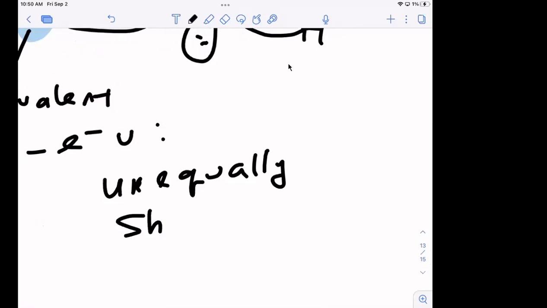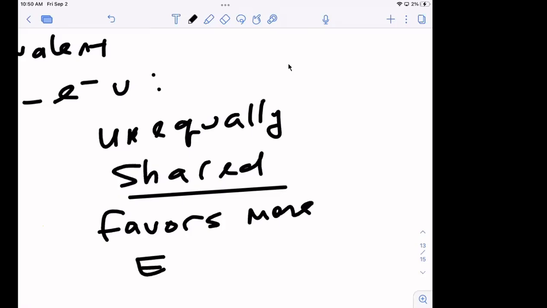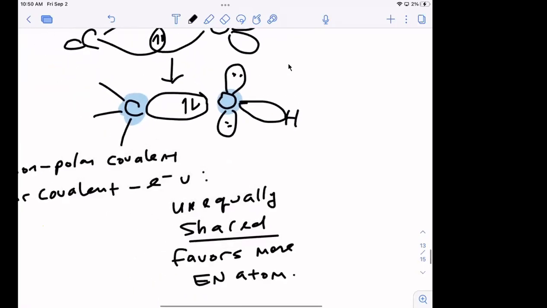So the electrons are unequally shared and they're favored toward the more electronegative atom. All right. So for that polar covalent bond, those electrons are going to be shifted more towards oxygen. Are y'all following that? Because the more electronegative an atom is, the more it's able to polarize a bond, the more it's able to pull electrons towards itself.